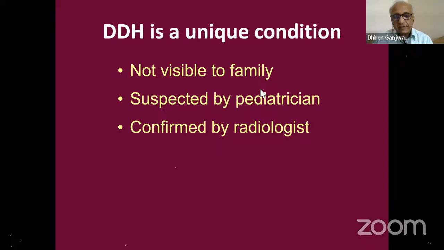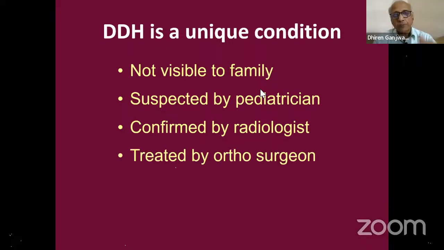If it's there, the child is referred to a radiologist or sonologist and they confirm the diagnosis. And then the treatment is carried out by the orthopedic surgeon. So if you understand, the person who has diagnosed this condition is not at all benefited in the form of treatment because he is not going to carry out treatment.